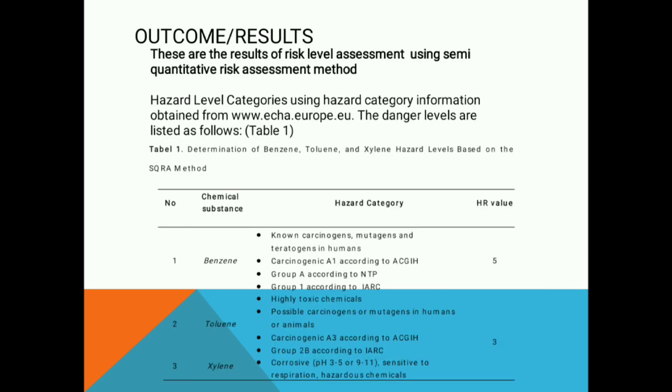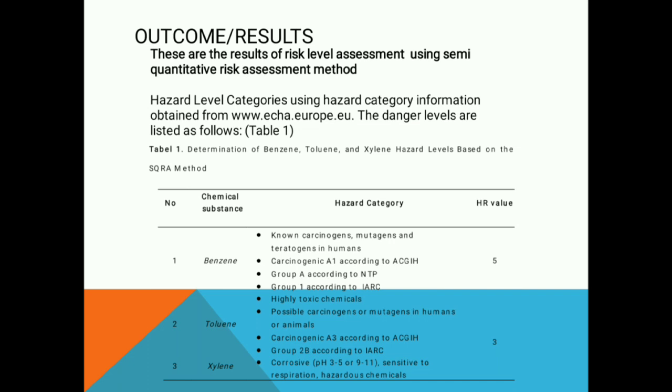So here are the outcome and result. These are the results of the risk assessment using the quantitative risk assessment method. Here are the hazard level categories using hazard category information obtained from www.echa.europa.eu.